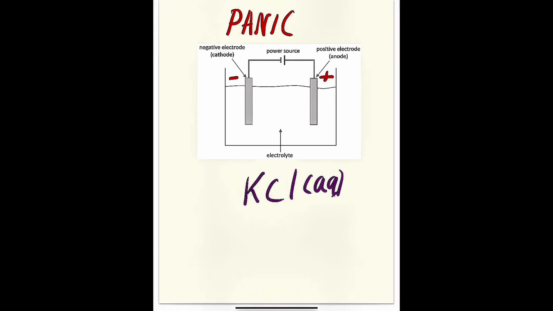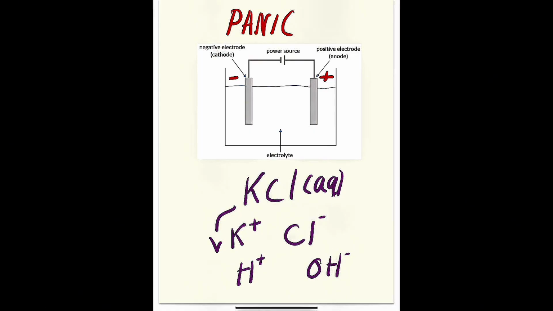So which ions are going to be present? We're going to have K+ ions, and chloride ions, which are negatively charged. We're going to have hydrogen, which is positively charged, that comes from water, and then hydroxide, which is negatively charged.